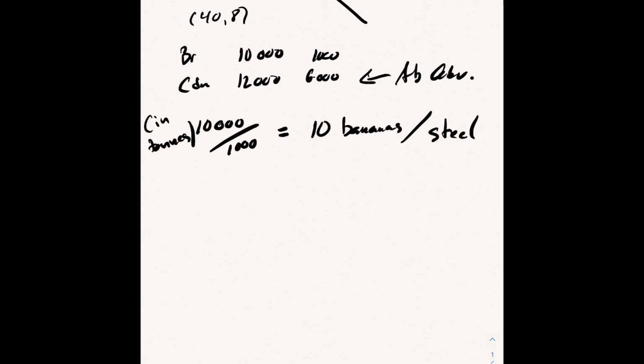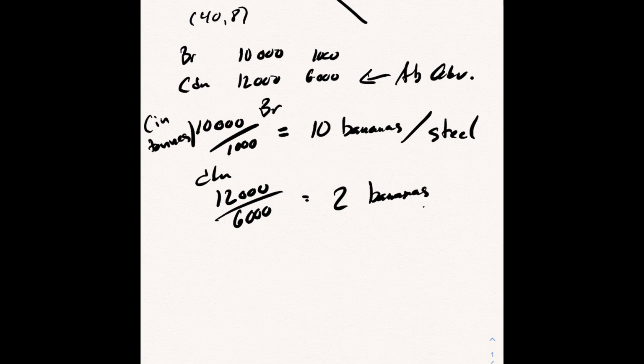That is their opportunity cost. Whereas in Canada, that means they give up 2 tons of bananas per ton of steel.